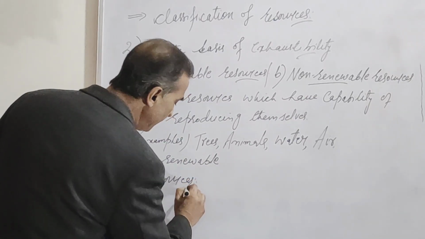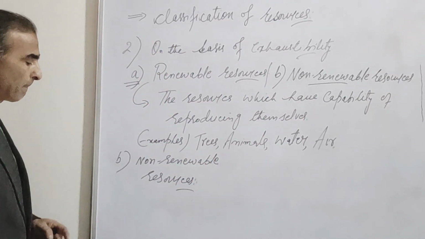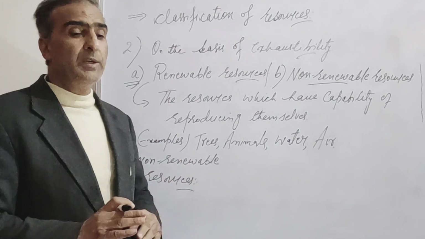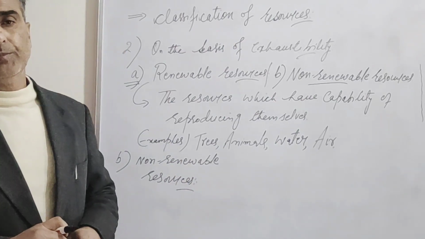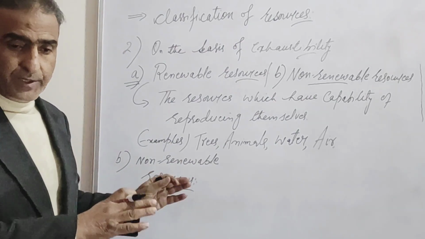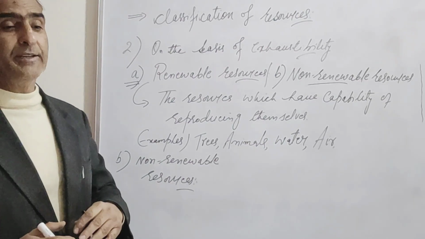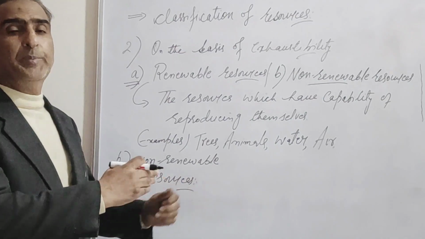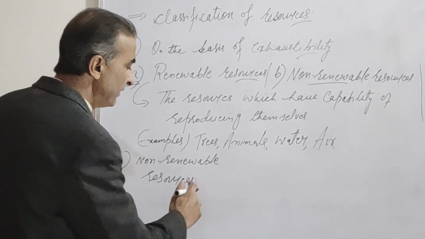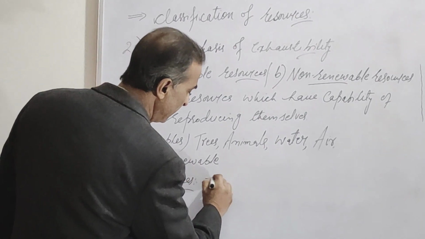So ये non-renewable resources जो है, these are the resources which cannot be renewed. Once they are used, they cannot be renewed or they cannot be regenerated. They cannot be reproduced in a short period of time. So हम इसको define कैसे कर सकते हैं?